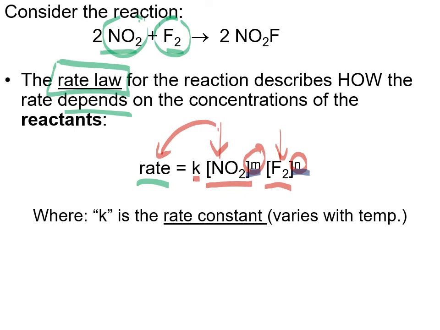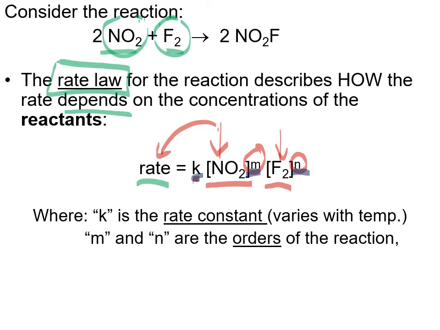So the K is going to be what's known as the rate constant, and K will change with temperature, but as long as you keep the temperature constant, the K value for any given reaction will be the same. The exponents, in this case we use M and N, but whatever the exponents are, it doesn't matter.